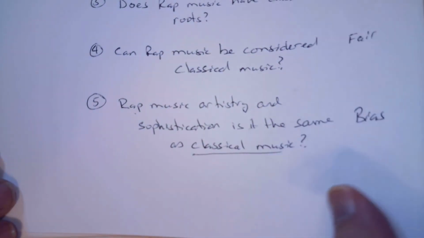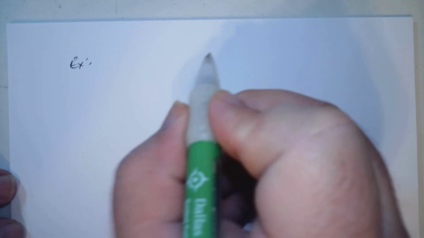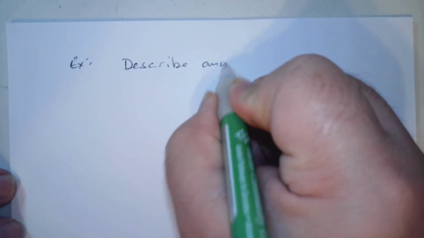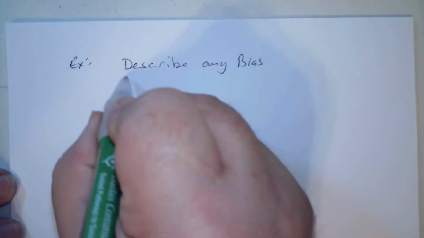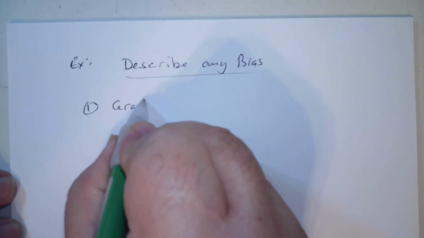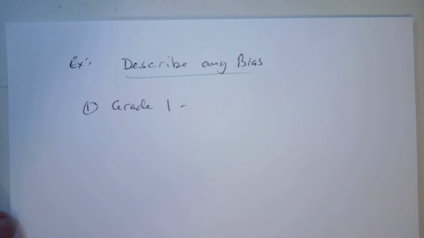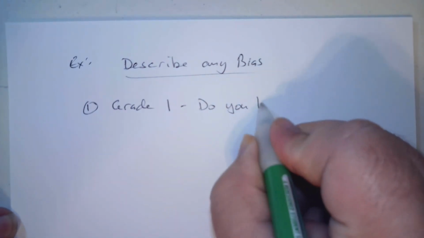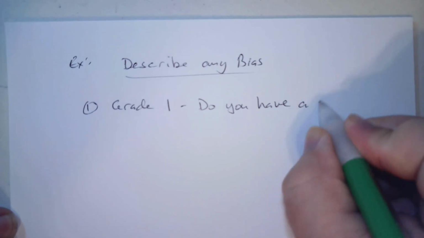Let's look at another example. So here's another example. In the following, describe any bias. Okay, the first one. Go into a first grade. The question you give the students: do you have a pet?